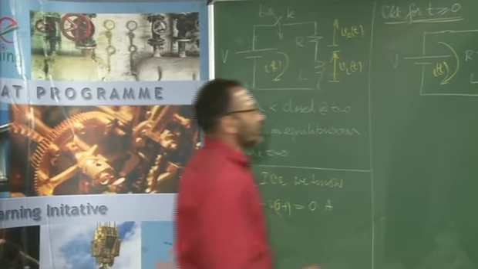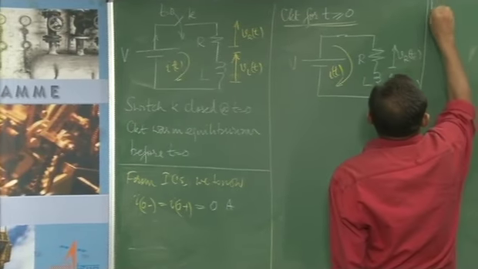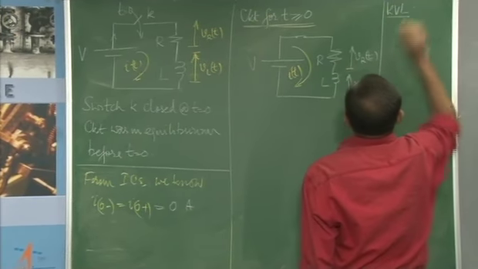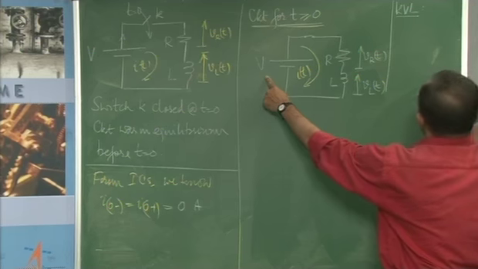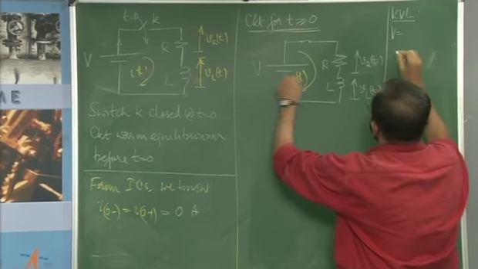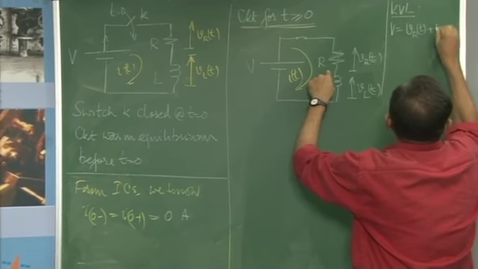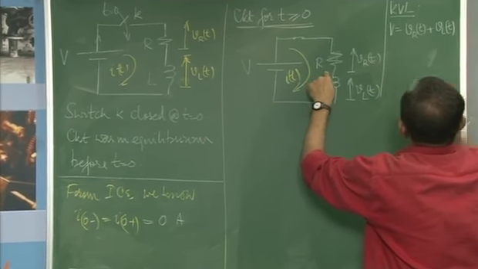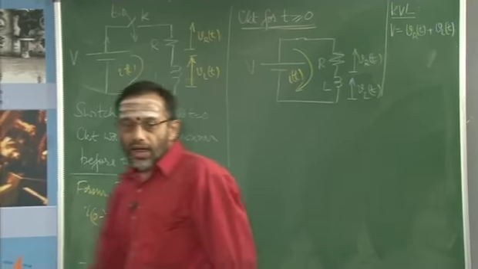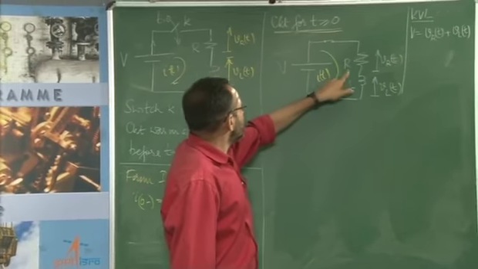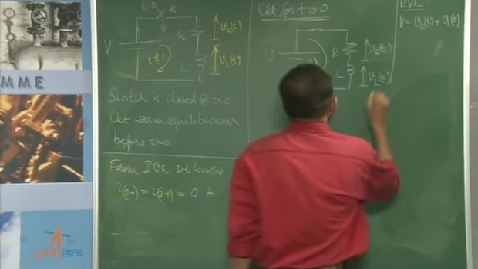Now, let me write our KVL. What is KVL now? V must be equal to VR of t plus VL of t. And we know, since the current through both of them is I of t, we know how to write this.